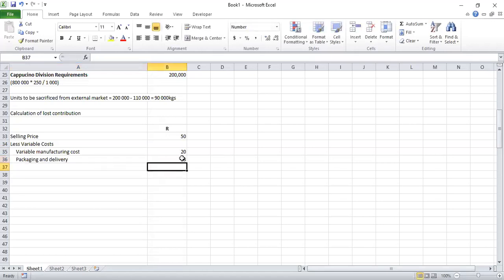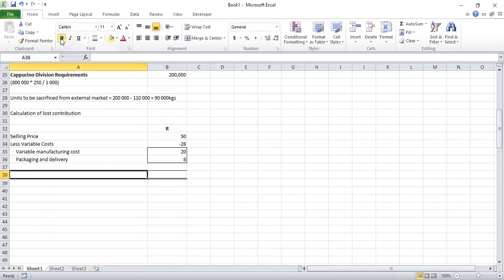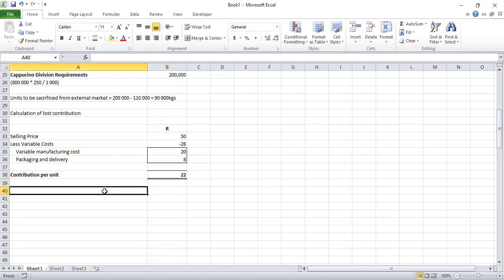Right. Then we find our total here, which is 28. Then we get our contribution, our contribution per unit, which is 22. That means each unit that we're going to sacrifice from the external market will lose 22 rand.